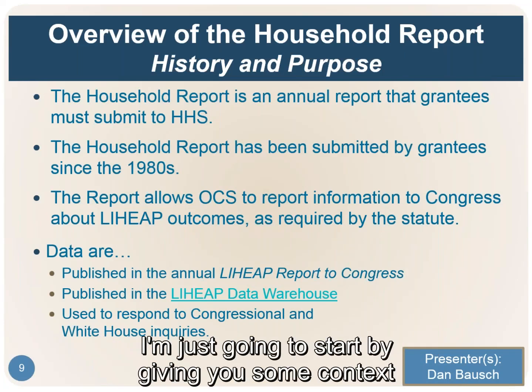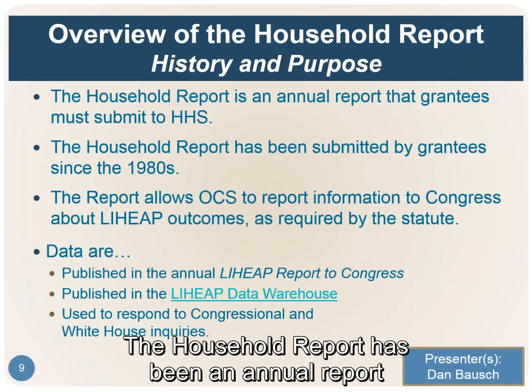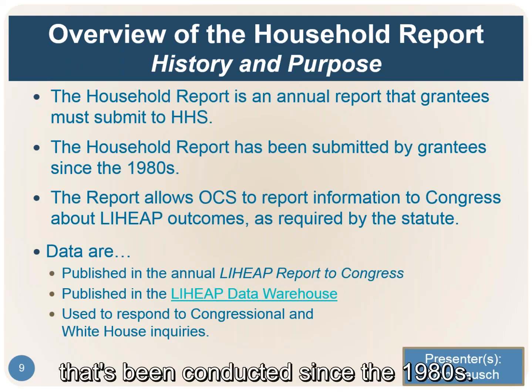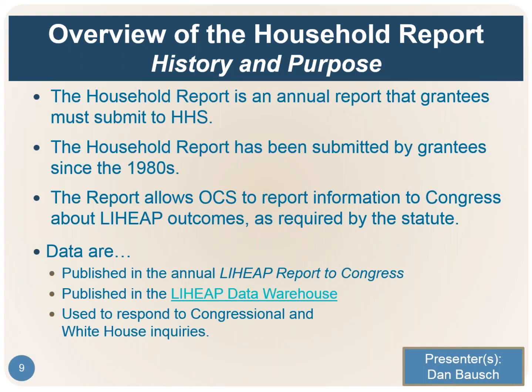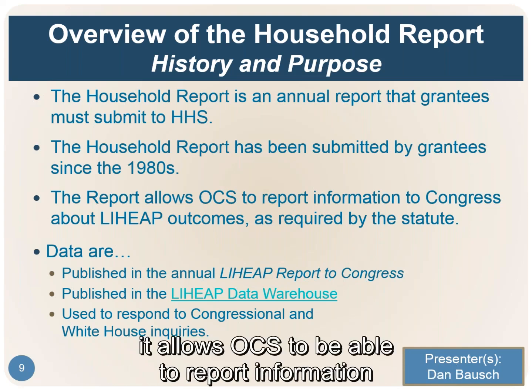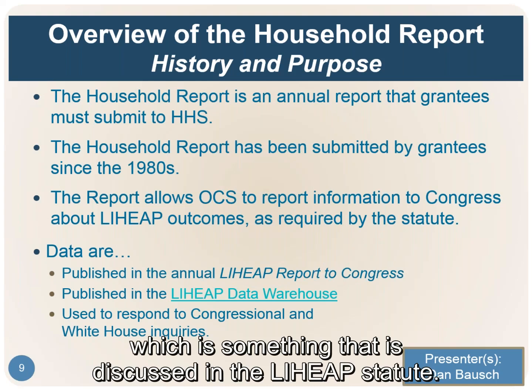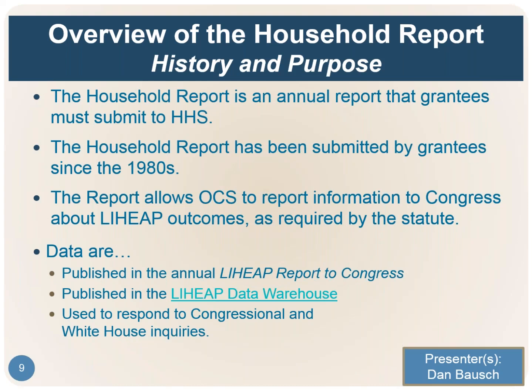I'm just going to start by giving you some context about the history of the household report. The household report has been an annual report that's been conducted since the 1980s. The real purpose of the report is that it allows OCS to be able to report information from all grantees to Congress about LIHEAP outcomes, which is something that is discussed in the LIHEAP statute.